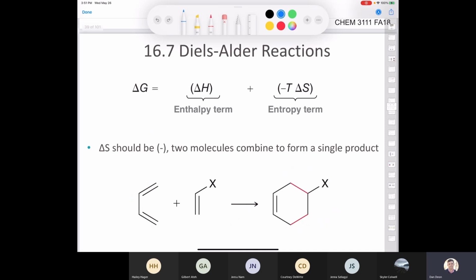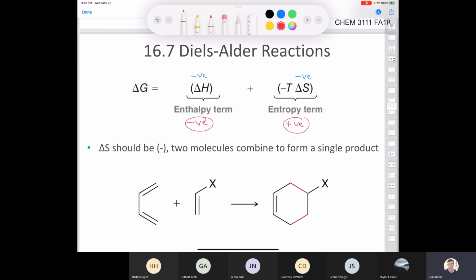It's decreasing. So that means my delta S number is going to be a negative number. So I know that my enthalpy value is negative, and I have negative T times a negative entropy term. So that means that overall I've got a negative number here, and I'm adding a positive number here.